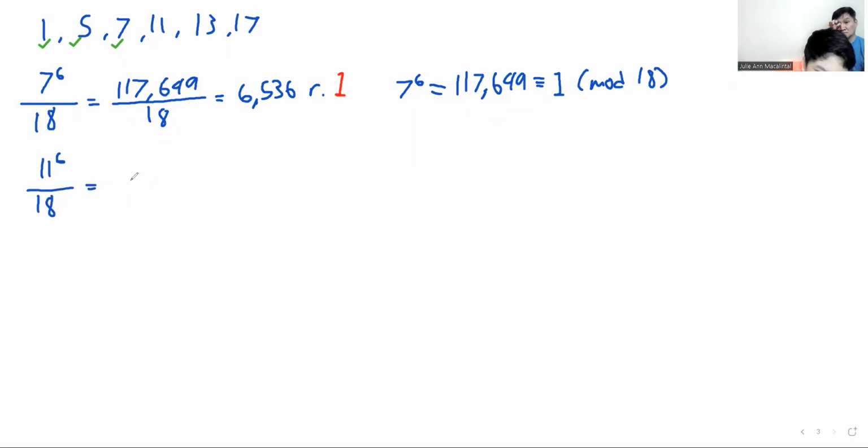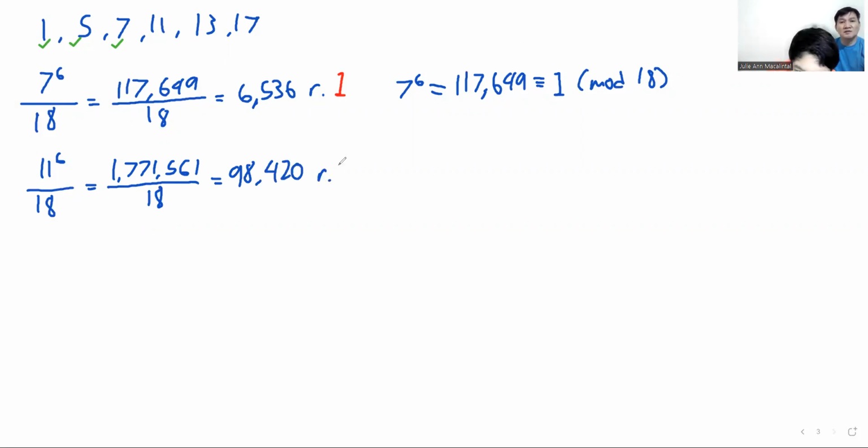So now the numbers are getting larger. 1,771,561 over 18 is 98,420, remainder still 1.